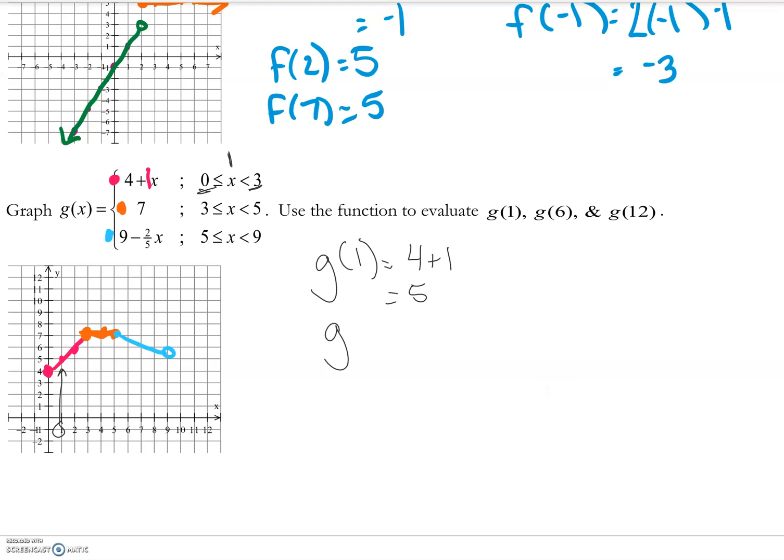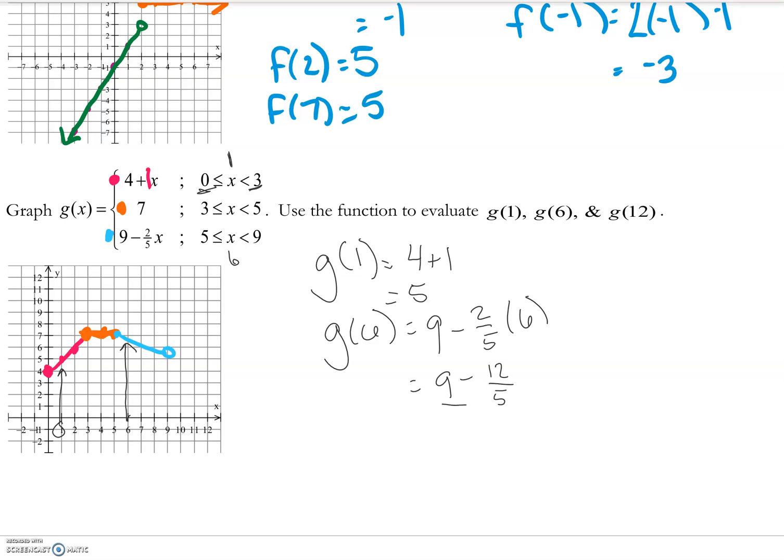The next one, g of 6. If I look at my graph, here's the number 6. That exists on the blue part of my graph. I'll double check that here in my equation. The number 6 is in between 5 and 9. So I'll plug that in. 9 minus 2/5 times 6. When I do that, I get 9 minus 2 times 6 is 12 over 5.